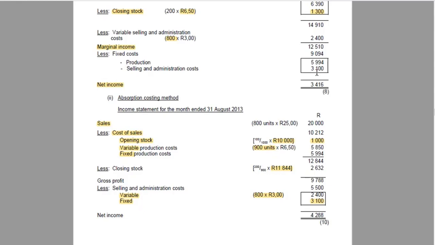Or you're saying 200, the closing stock, over 900, which is the current month's production, multiplied by the current cost, which is 11.8. It gives you the same answer. I was trying to explain it to say you are trying to get the cost per unit for this month, which is 11,884. You divide it by the 900, then you multiply by 200, you get 2.6.